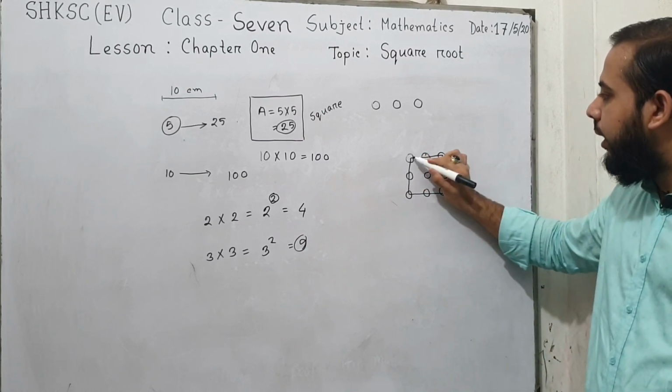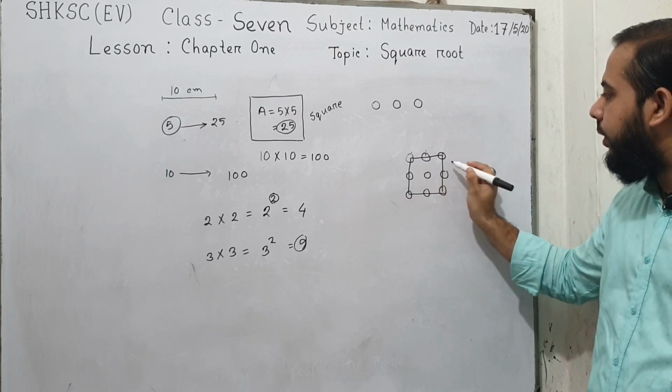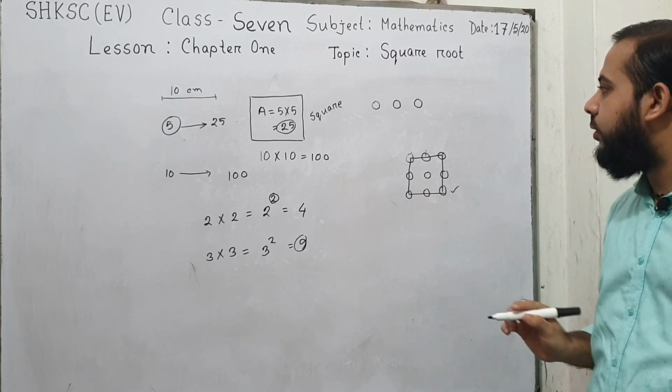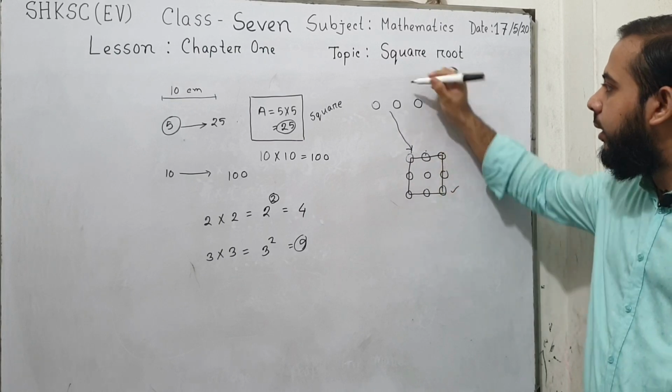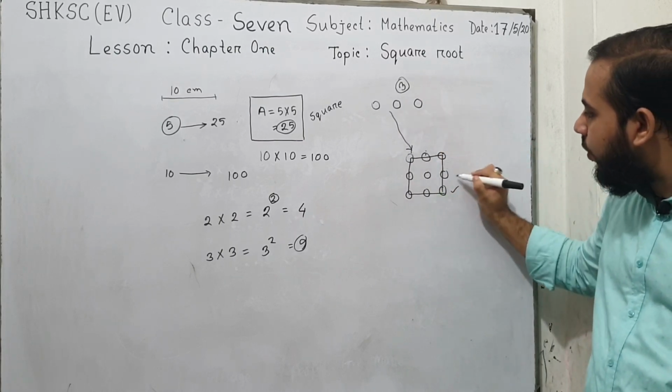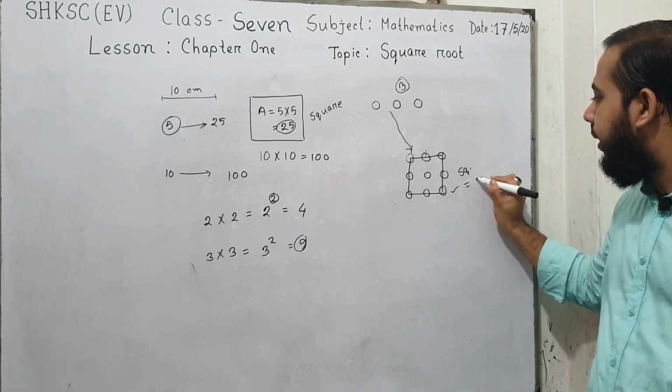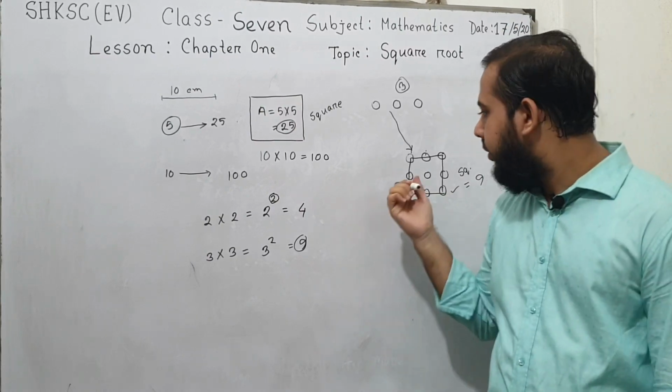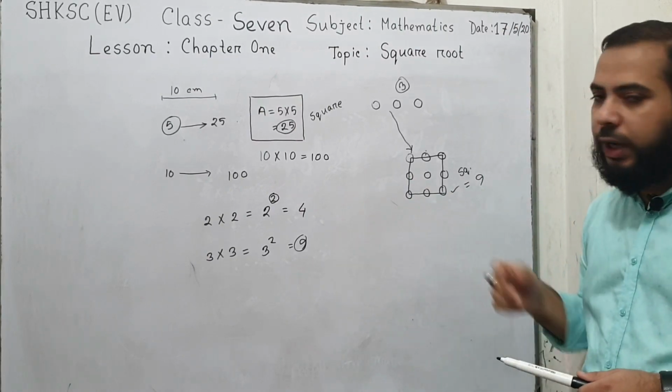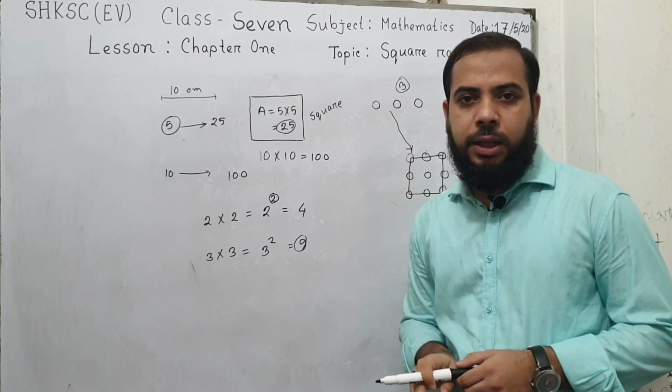If you count here, there are 9 dots: 1, 2, 3, 4, 5, 6, 7, 8, 9. So if the number is 3, then its square is 9. This is another example of finding squares.